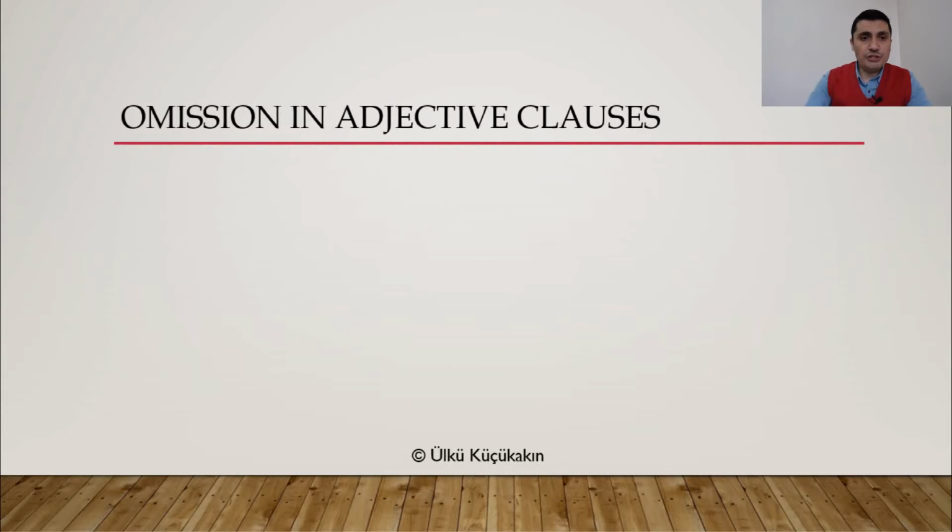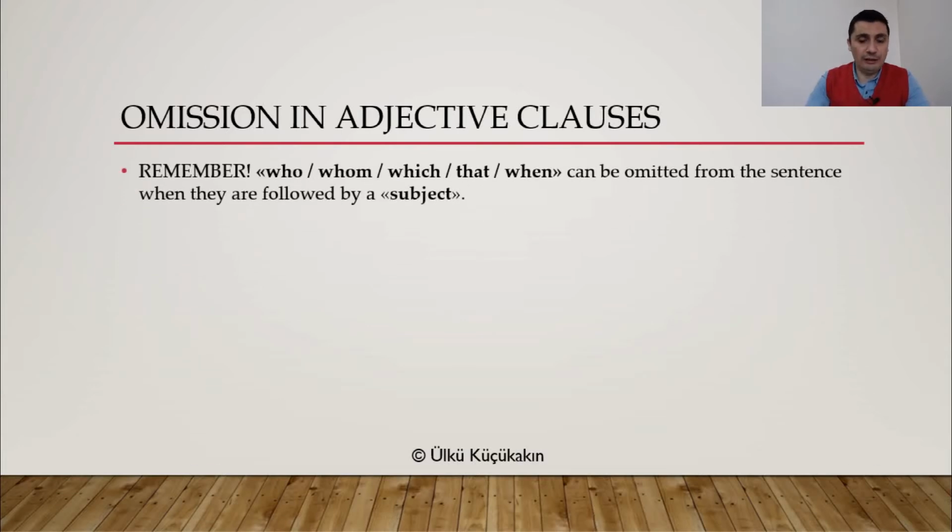Now, omission in adjective clauses means omitting, getting rid of, a certain part in adjective clauses, and we discussed this in great detail in our lesson so far. So let's just remember here: who, whom, which, that and when can be omitted from the sentence, but only when they are followed by a subject.